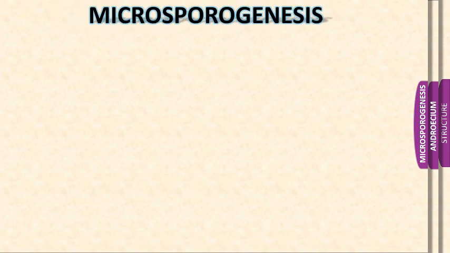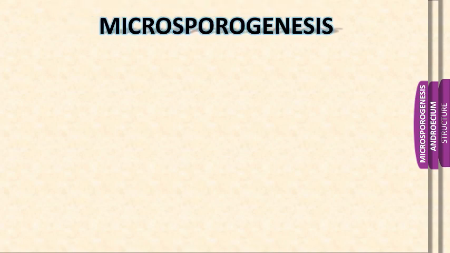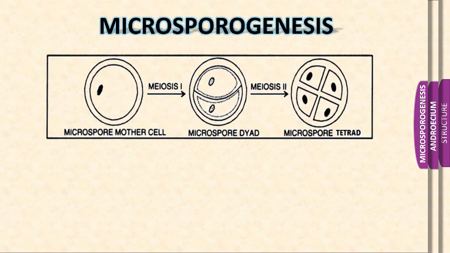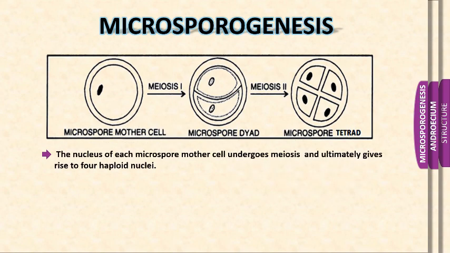After the structure of the anther, we need to study microsporogenesis. The meaning of microsporogenesis is the formation of microspores. In this diagram, you can see meiosis running in the microspore mother cell, and after meiosis, the nucleus will divide into four nuclei. These four nuclei attach to each other in tetrahedral form.